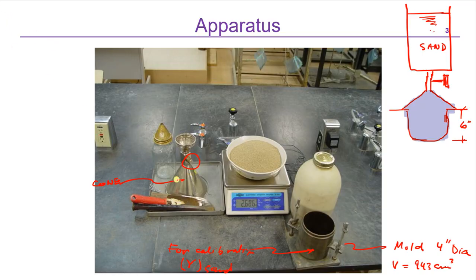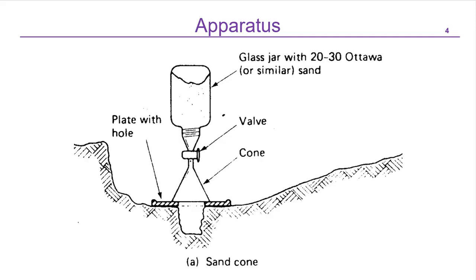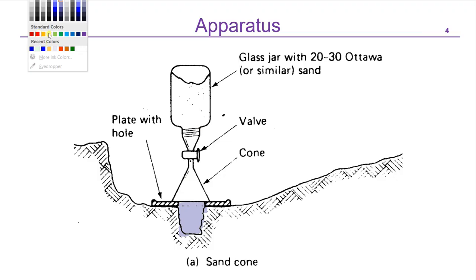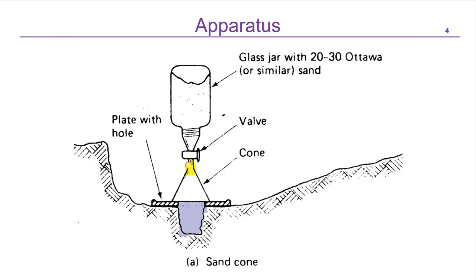Okay, so this is that cone, and this is that jar. This is the same jar I'm talking about. So this is that concept here. When this valve is opened, the sand is going to fill in this hole, and also this sand is going to fill in this cone.